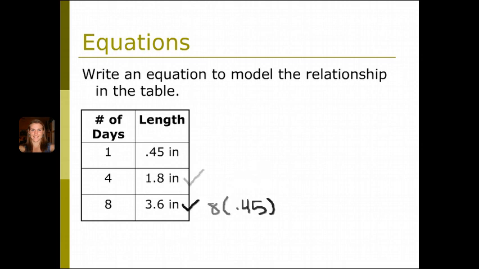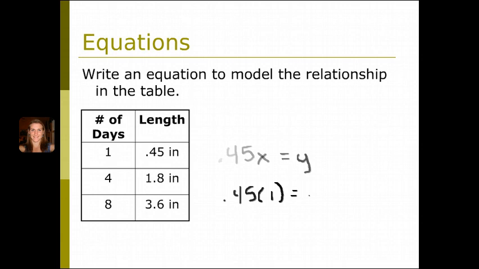Therefore, we know that anything we multiply by 0.45 will give us the length. So our equation should be 0.45x equals y. Again, 0.45 times 1 gives us 0.45, and so on. If we just plug anything in our x column in the place of the equation, it will give us the answer in our y column.